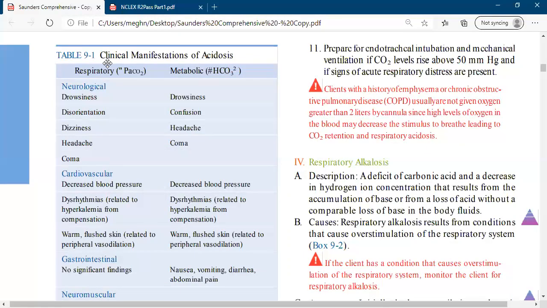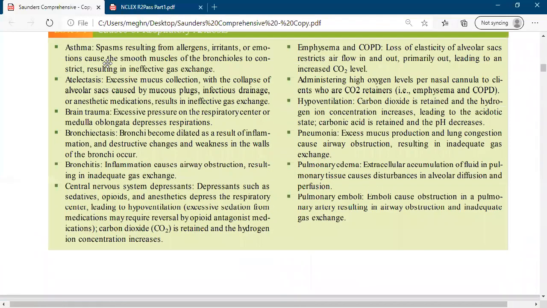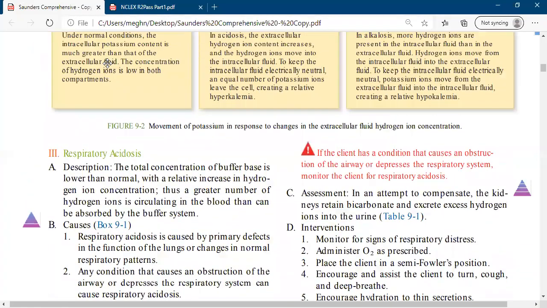So respiratory alkalosis or respiratory acidosis means the problem is only in the lungs or respiratory system. But with metabolic acidosis or metabolic alkalosis, the problem may be in the liver, the pancreas or the GIT, the gastrointestinal system.